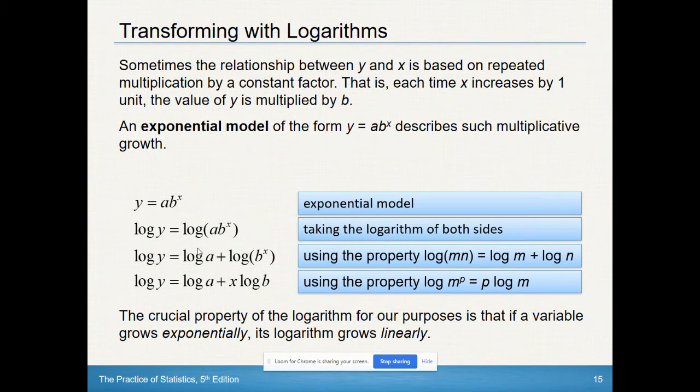When we did power models, I just want to point this out. This shows you that we come up with a linear relationship here. This looks an awful lot like y equals a plus bx, even though there are logs in there. Now, when we did power models, we had to take the log of both variables to turn the resulting relationship into a linear relationship.